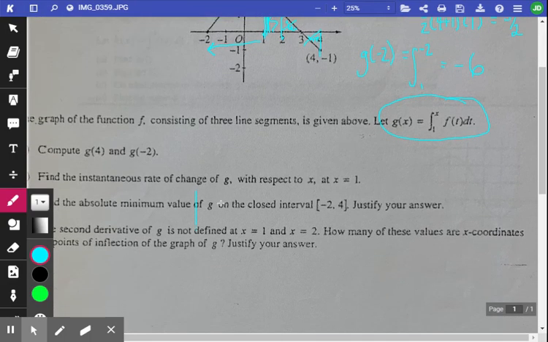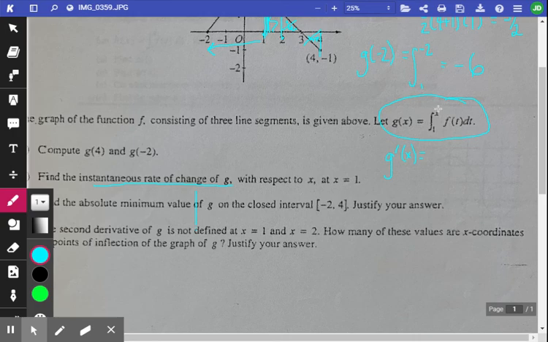Part B. Find the instantaneous rate of change of g with respect to x at x equals 1. So the instantaneous rate of change of g means find g prime. Well, if g of x equals the integral from 1 to x, g prime of x is asking us to take the derivative of that integral. To take the derivative of this integral, this is Leibniz Law.